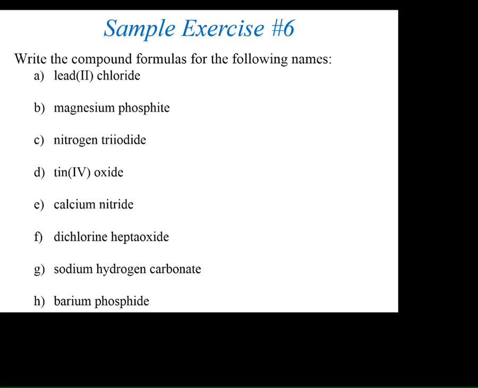So, tin(IV) oxide. So tin, what's the symbol for tin? Sn. And the 4 means 4 plus. Oxide, nonmetal by itself. So oxygen all by itself. What's the charge going to be? 2 negative. Okay.